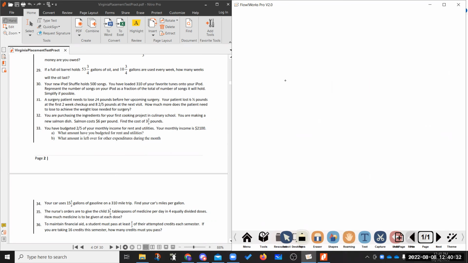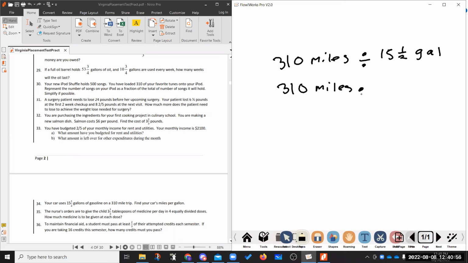Car uses 15.5 gallons of gasoline on a 310-mile trip. Find miles per gallon. So we want miles on top divided by 15.5 gallons because we want miles per gallon. This is going to be 310. This is 31/2.